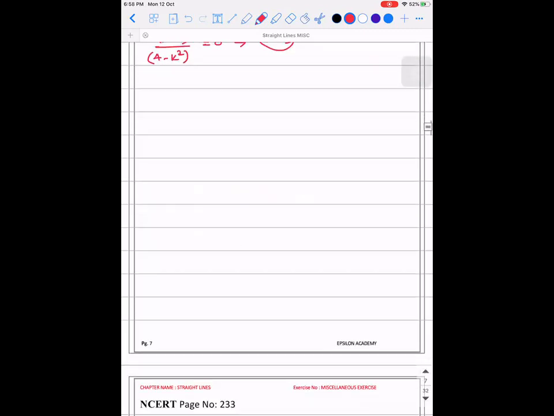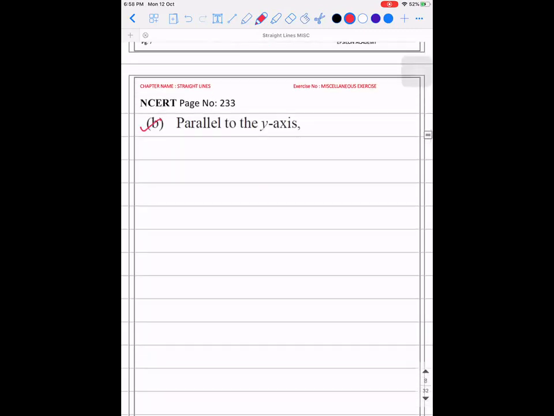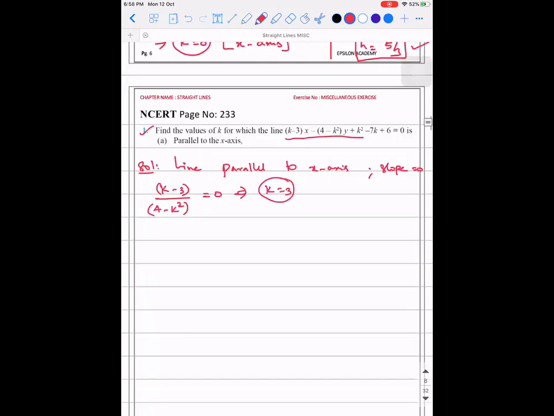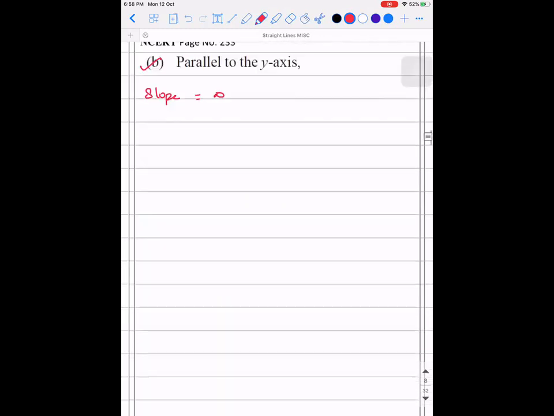Okay. Next. If a line is parallel to y-axis, slope is infinity. So what is the slope that we have? k minus 3 by 4 minus k square. If this is infinity, then the denominator must be 0. 4 minus k square is 0. So k is equal to plus or minus 2.